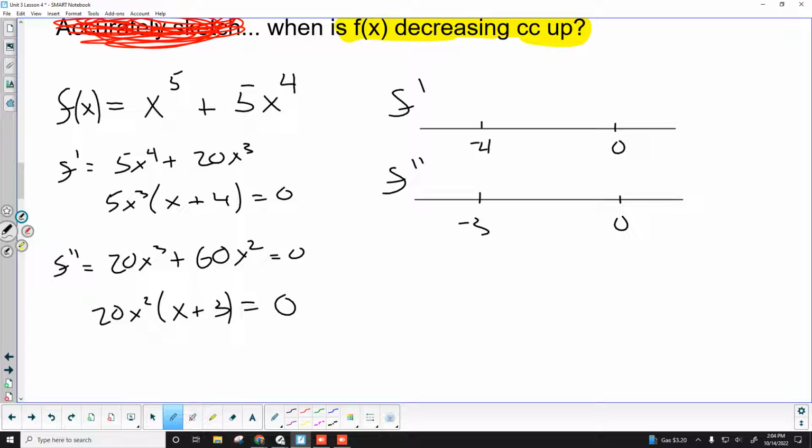This is not going to help you, especially when it comes to finding the specific interval we're looking for. Line things up correctly so that it goes in order from smallest to greatest. You know what I mean? Do your sign analysis correctly.